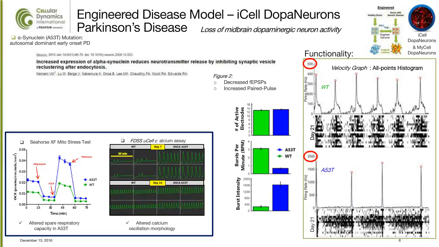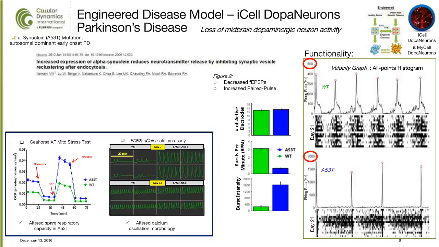Figure 2 describes decreased field EPSPs, which matches the idea of our decreased bursting rate. But interestingly enough, it also has increased paired pulse facilitation, which suggests that during activity, you can actually induce more action potentials at once. This is also recapitulated in our functional MEA assay with the alpha-synuclein A53T dopamine neurons.